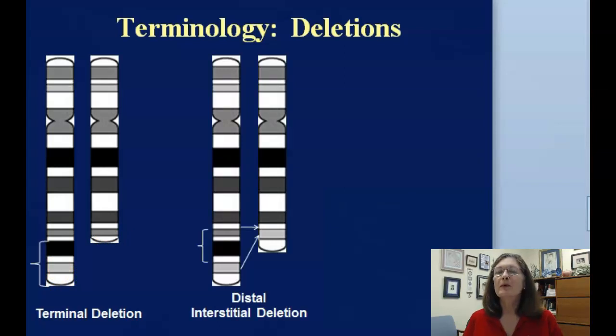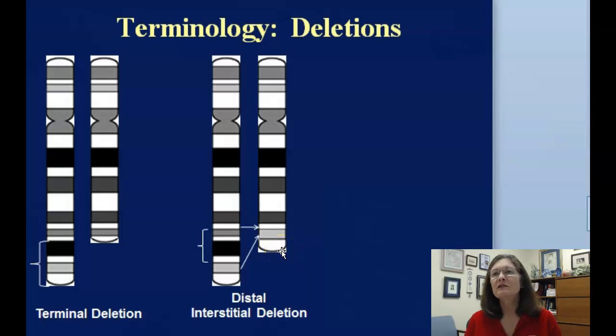And people with deletions of the end of the long arm, so distal 18q minus, can also have interstitial deletions. So here's an image showing a hypothetical interstitial deletion. As you can see, this region shown in the bracket is missing in the chromosome with the deletion. So this band is here and that band is here, and what's in between them is missing on this chromosome.